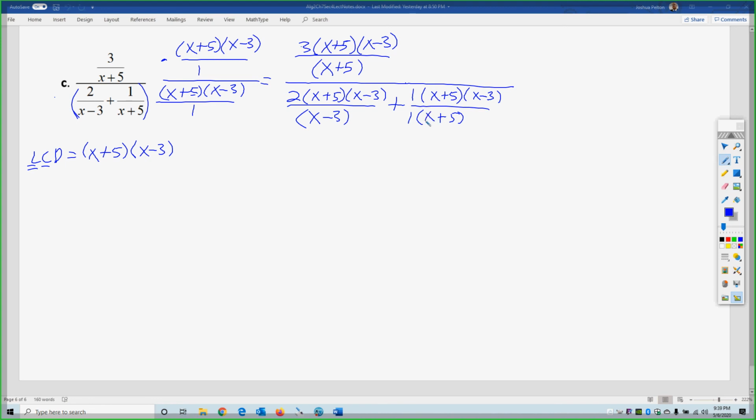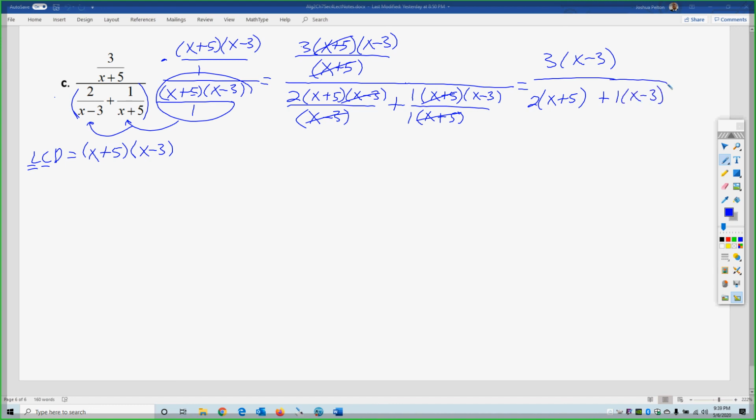Okay, so we distribute this to both fractions. Okay, so in the numerator, the x plus 5's cancel, leaving us with 3 times x minus 3. On the bottom, denominator, x minus 3's cancel, so left with 2 times x plus 5. And the x plus 5's cancel again, which leaves us with plus 1 times x minus 3, which don't cancel because it's a plus, not a multiply, right?